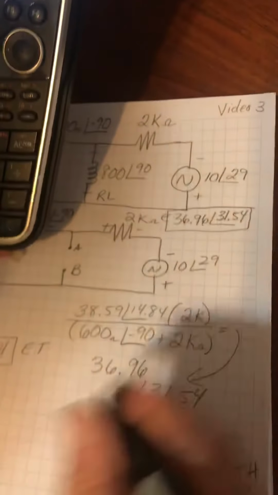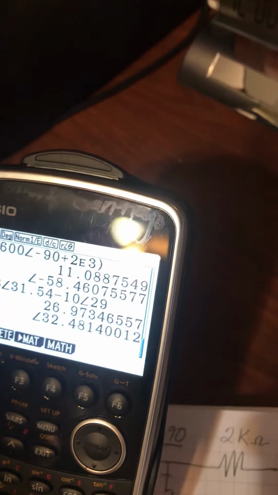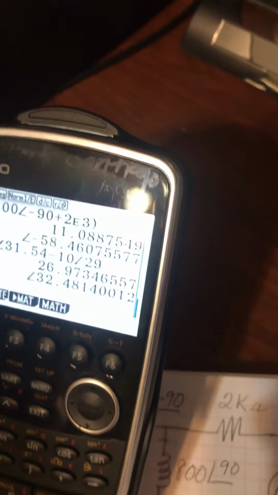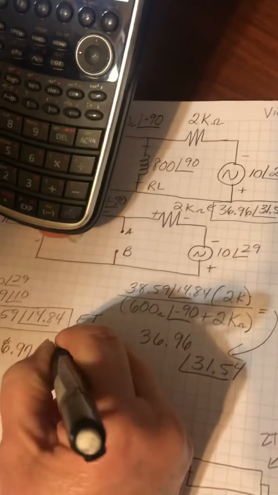So VTH this way is 26.97 at an angle of 32.48.